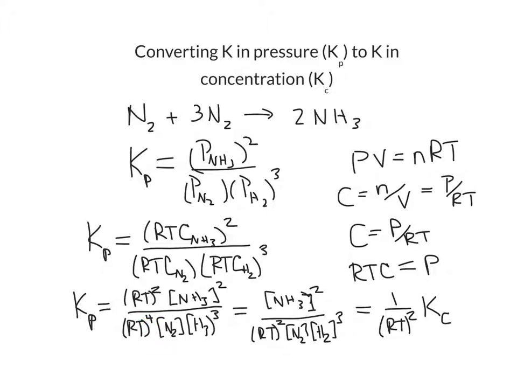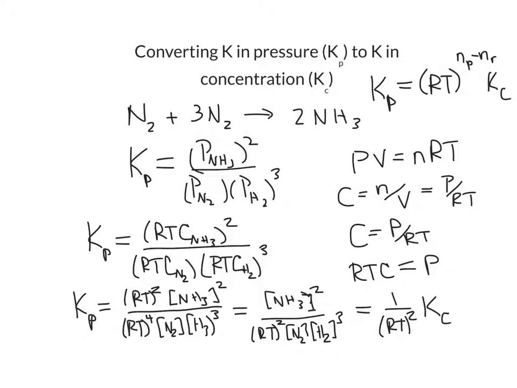And so if I really want to write this in general, I can express the relationship between Kp and Kc as RT to the power of the number of moles of gas in the products minus the number of moles of gas in the reactants, times Kc.